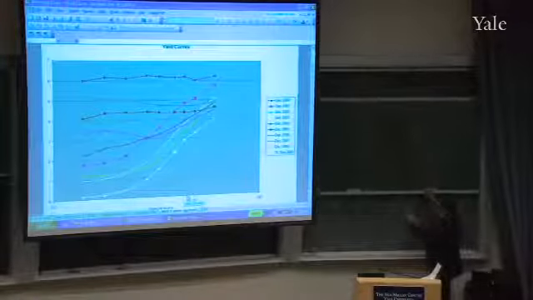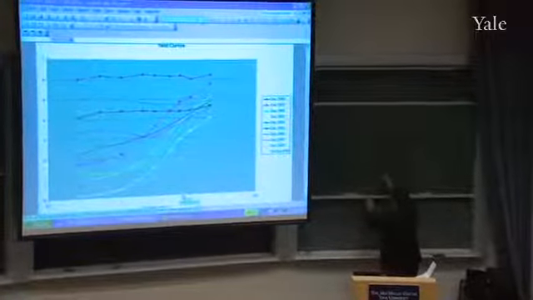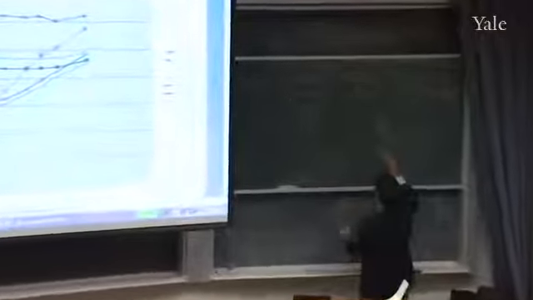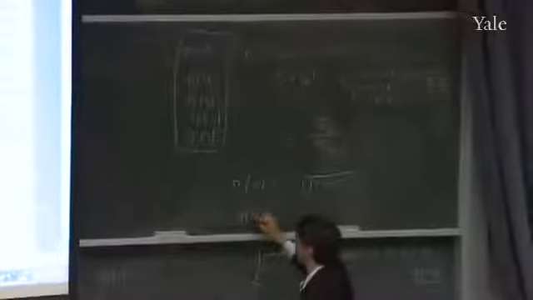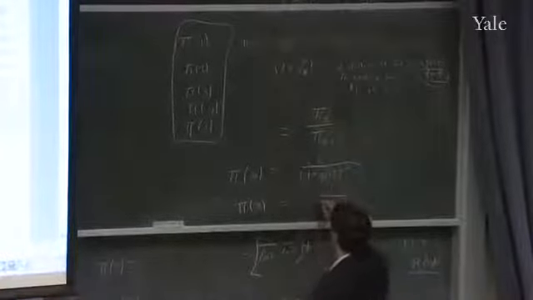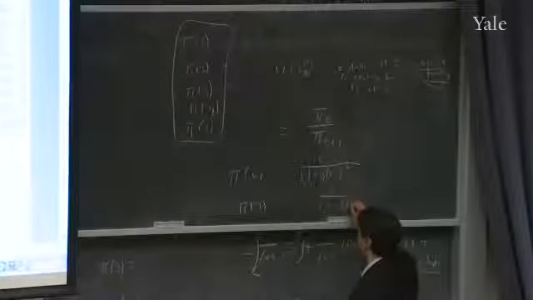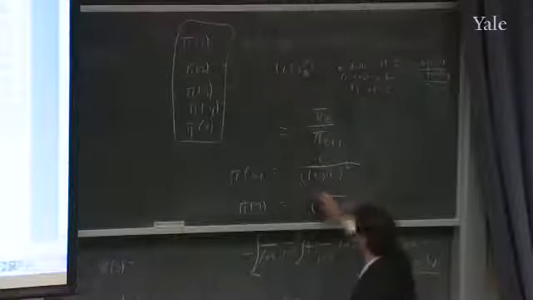Okay, so why is that? So remember, pi 6 equals 1 over (1 plus the 6-year yield) to the 6th power. And pi 7 equals 1 over (1 plus the 7-year yield) to the 7th power.